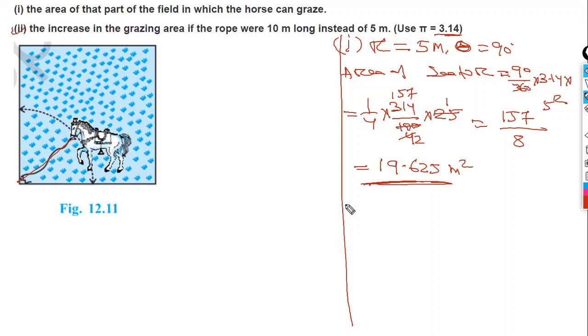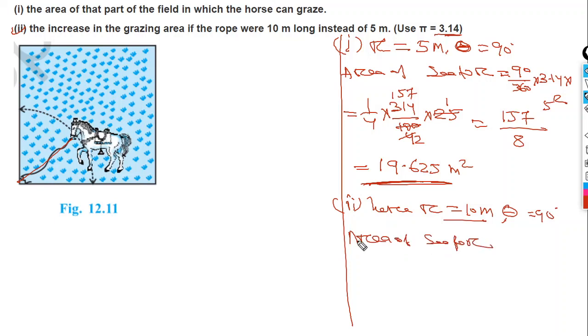The increased area we have to find. (ii). Here r is equal to 10 meter. Okay, theta remains the same. Theta equal to 90 degree. So here also area of sector equal to same, theta by 360, that is 90 by 360 into pi r square.